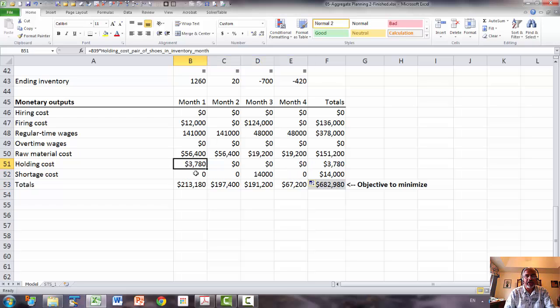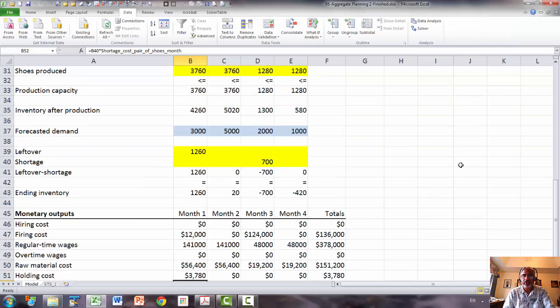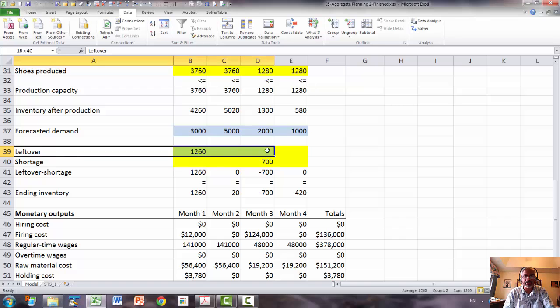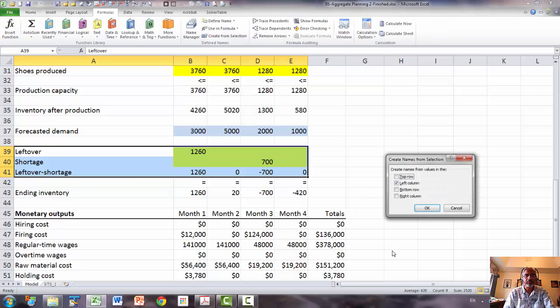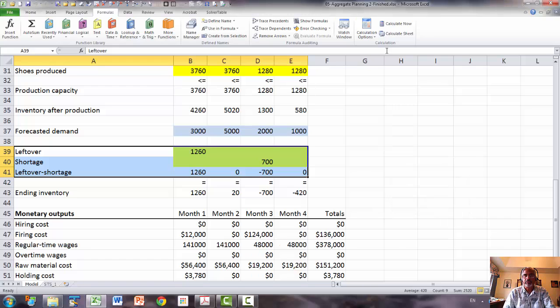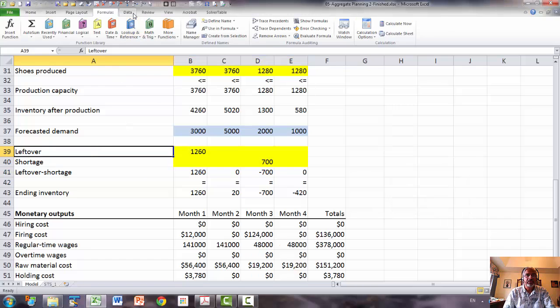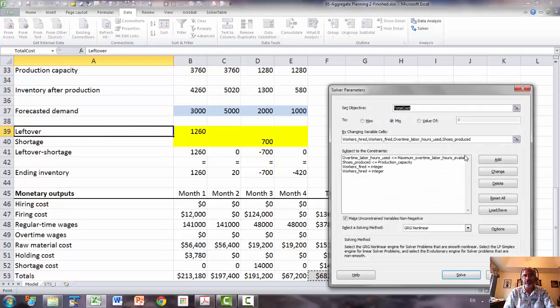So now you've gotten rid of the IF function. Before we go back to Solver, let's give some names for these three. Okay, then we go into Solver.